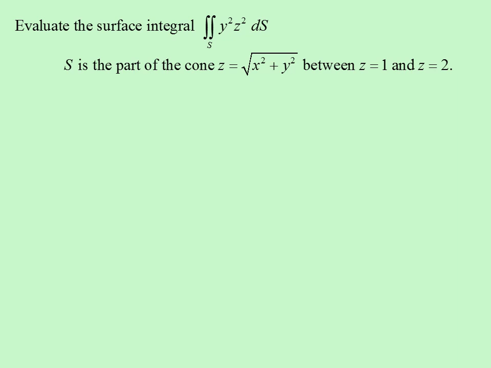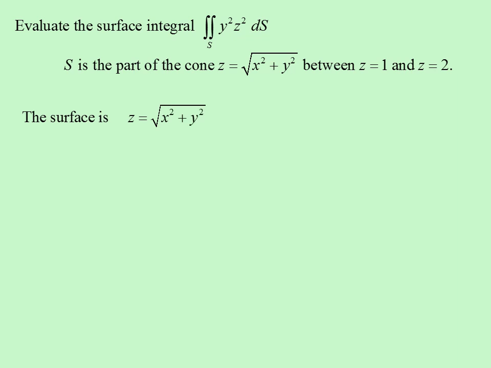We're trying to evaluate the surface integral of y squared z squared over the surface described as the part of the cone between z equals 1 and z equals 2. We'll use Maple to get a little help in drawing the graph of that.